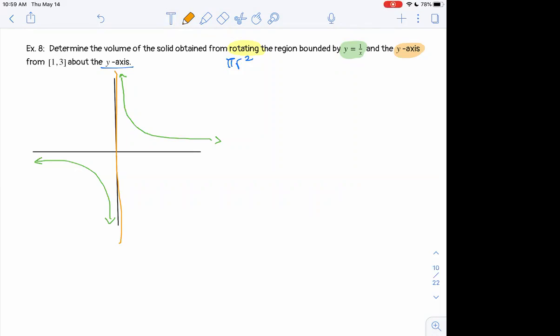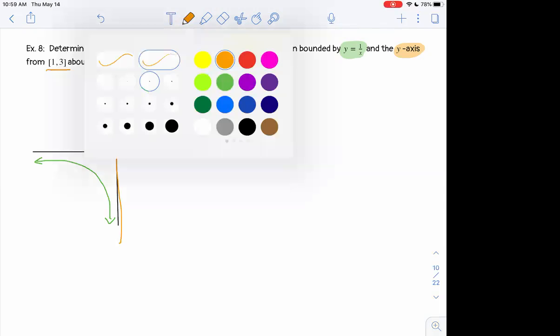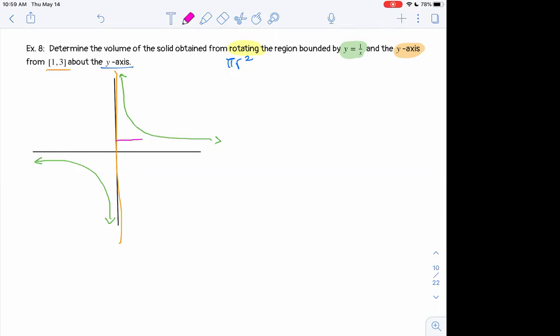These are y values. Good. Yeah, because we're talking about things about the y-axis. So that's a good clue for us that we're going from 1 to 3 on the y-axis. So I'm going to put in y equals 1 here, and then y equals 3. Go back right there. Okay, so this is 3, and this is our 1.